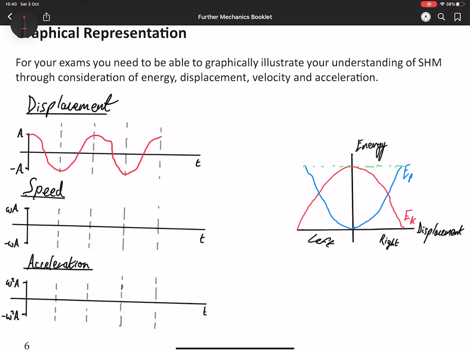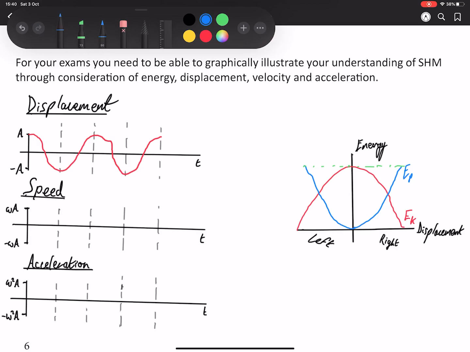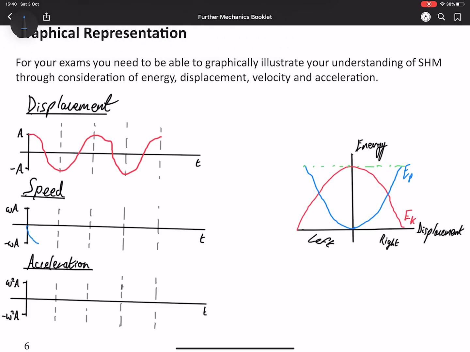Now this shows, starting from the maxima on one side, the rotation back through the central point to the opposite maxima, swinging back and forth as we go. Now we need to be able to translate this into speed. So we know that at the maxima, at either end, left or right end, we have no speed.